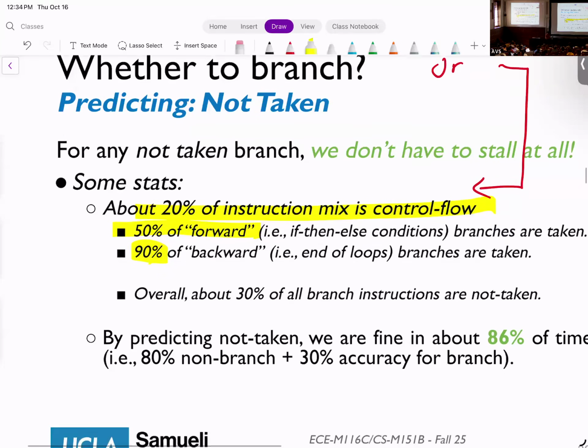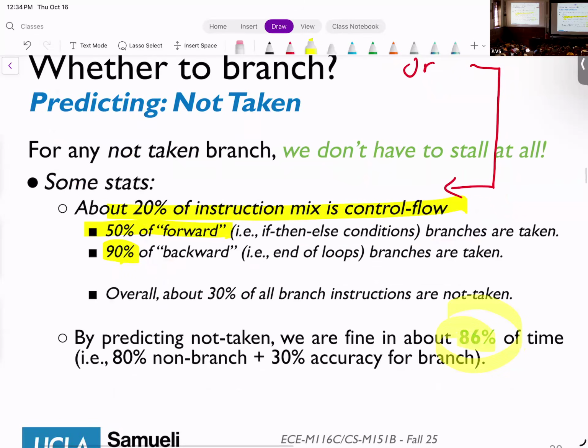So if you plug in the numbers, you will see that with 80% non-branches and 30% accuracy on that 20% of branches, you are good to go. Either this instruction is not a branch at all, and you don't need to bother, you just do PC+4, or this instruction is indeed a branch, and at least 30% of the time you are correct with your prediction, and then you just move forward with your branch. Okay.